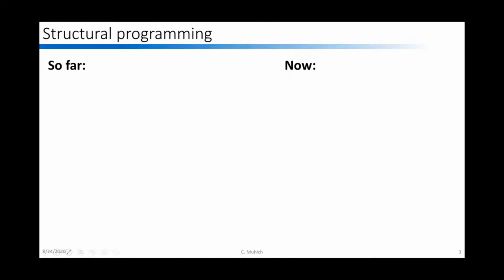So far, our class has talked about basic programming, where we take a bunch of mathematical operations and we have this string of mathematical operations, sometimes only one, and sometimes several operations in a row. And we get to a final answer.